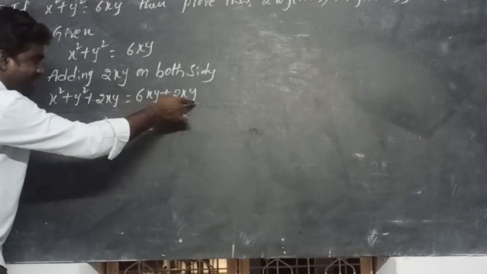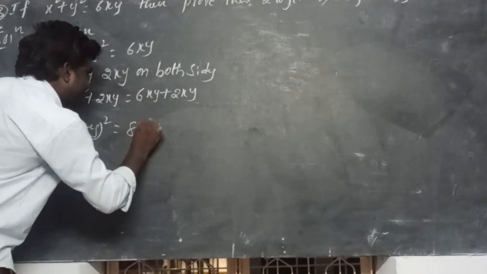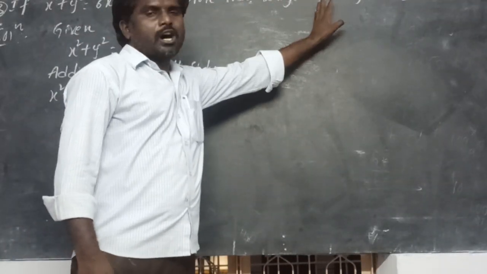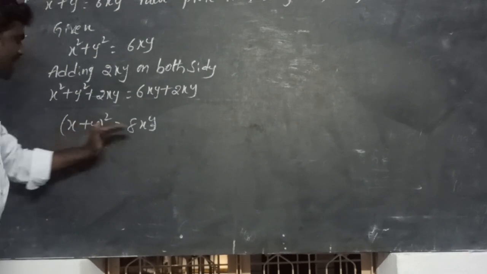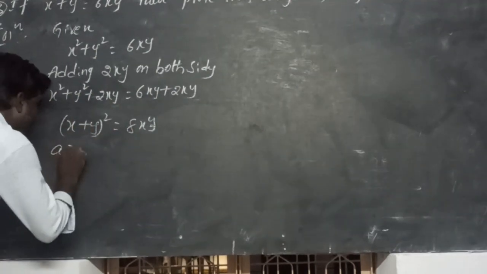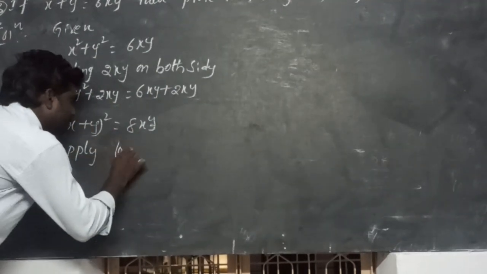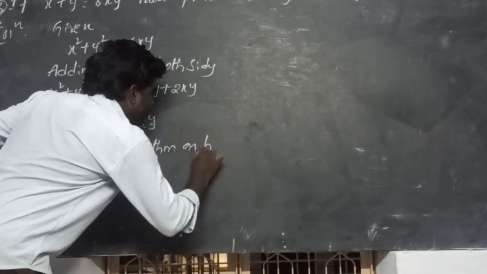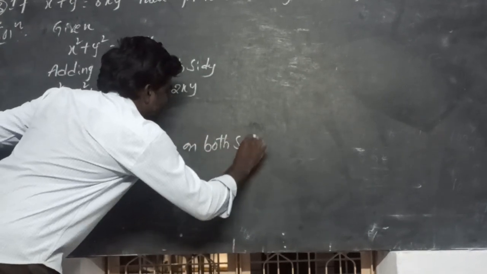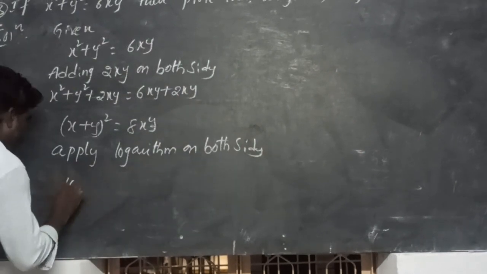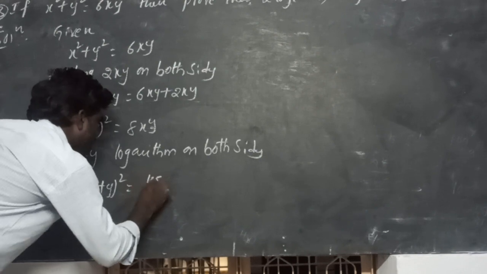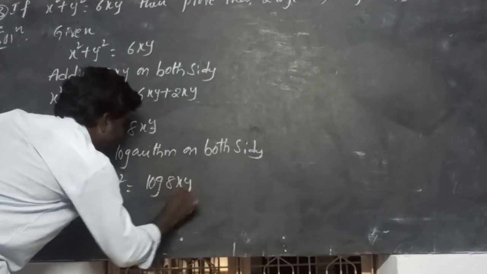This expression we can add, that is 8xy. So what are they asking? Prove that 2 log of. So that means we can apply the logarithm on both sides. Apply logarithm on both sides. That is log of x plus y whole square is equal log 8xy.